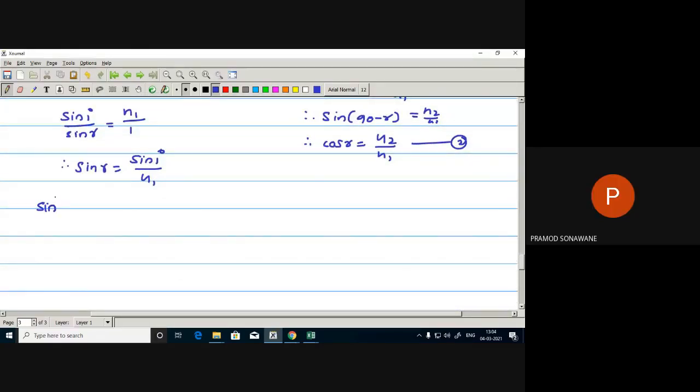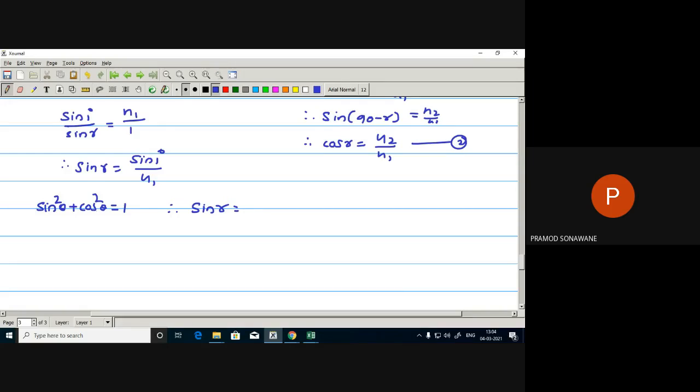We know sin square theta plus cos square theta is equal to 1. Therefore, what is the value of sin r? Sin square r plus cos square r is 1.